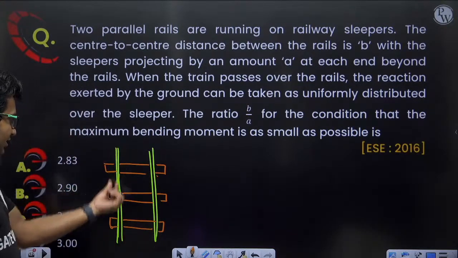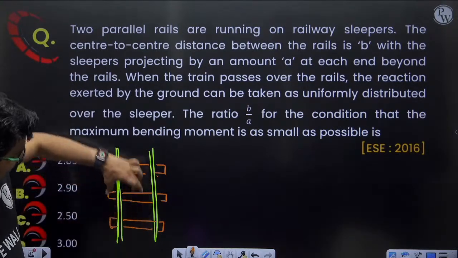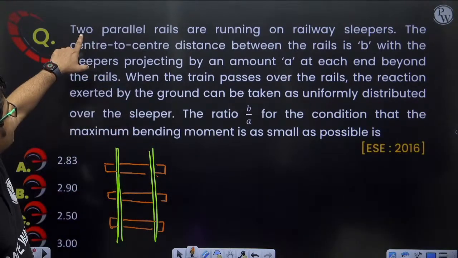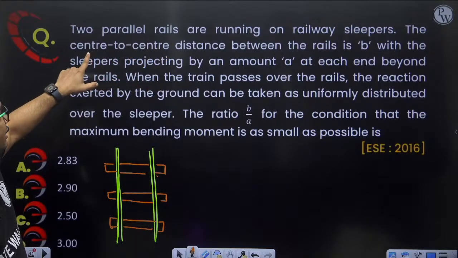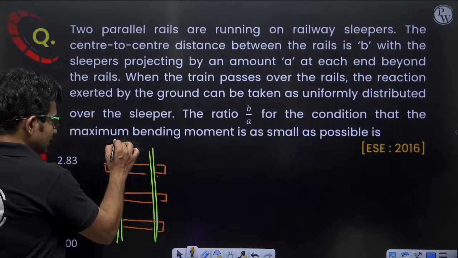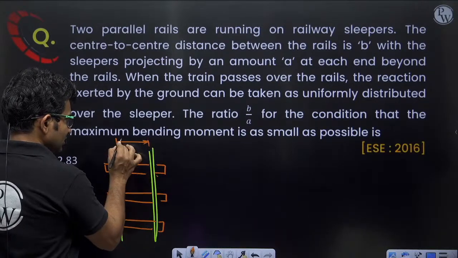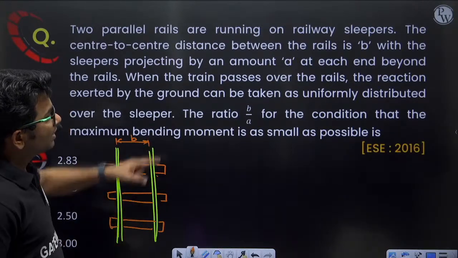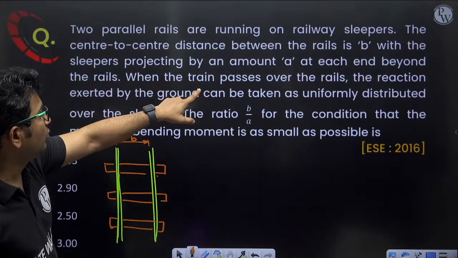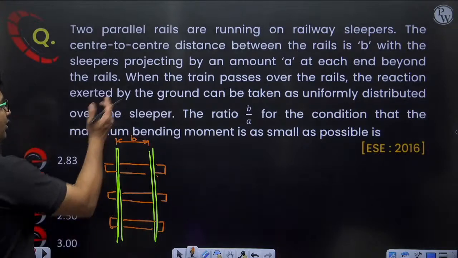Okay. So these are the rails on which the train will move, and these are the sleepers on which these rails are resting. The center to center distance between the rails is B. So the center to center distance between this rail and that rail is B. With the sleepers projecting by an amount of A at each end beyond the rails.